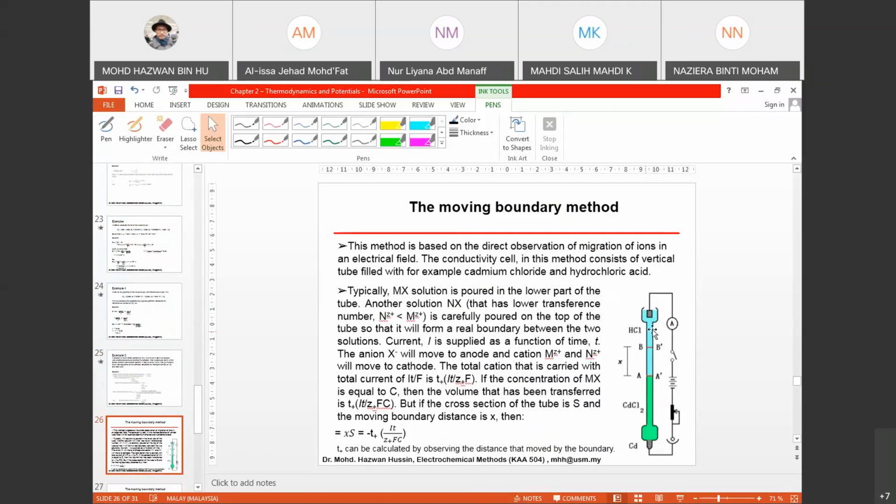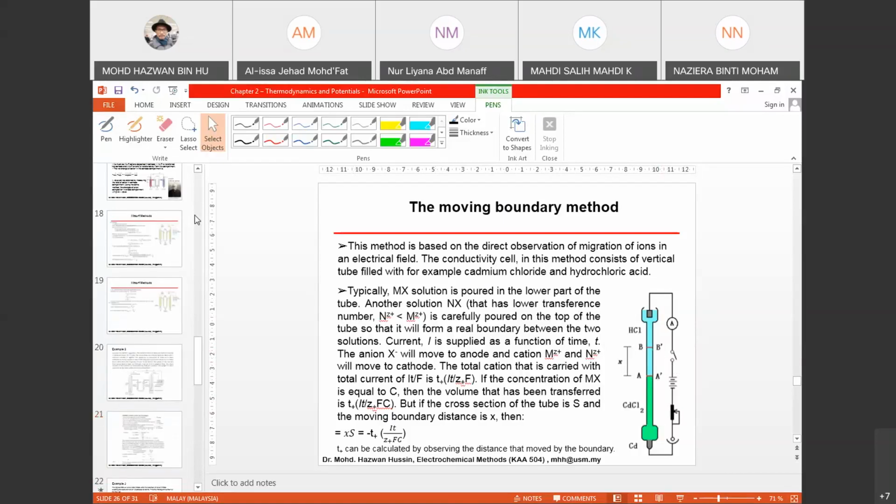The concept is you have a gel, and then you have a terminal, an electrode positive and an electrode negative. The separation happens when you have a movement of ions. The movement of ions will separate the compounds. Capillary electrophoresis is one of the best applications for transference or junction potential.